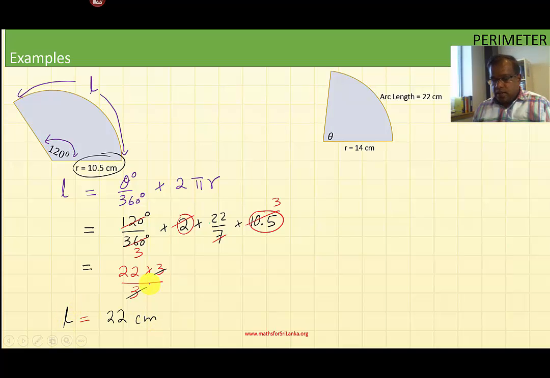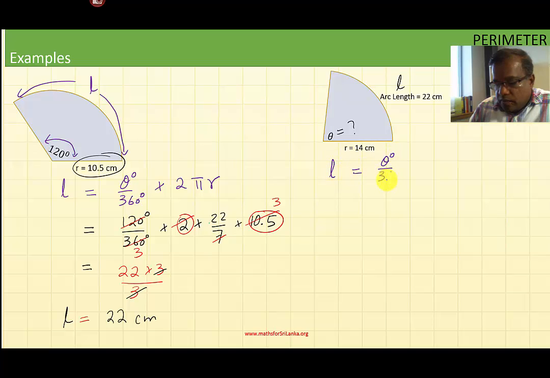In the next example, we are given the arc length L as 22 centimeters, and we want to find the angle at the center. Let's write down the formula. Again, the arc length formula: L is theta over 360 times 2 pi r.